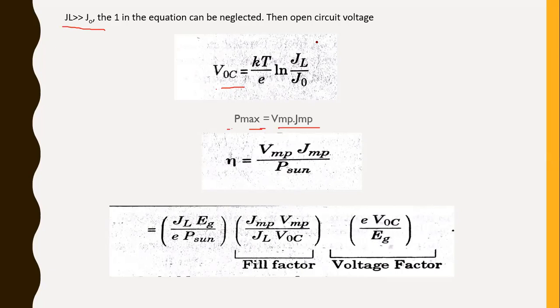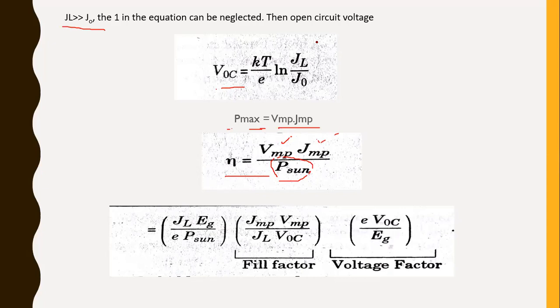So it can be seen that the maximum efficiency for a cell is obtained by dividing the voltage and current product by the total power density of the sunlight, P sun. If you divide the voltage and current product with P sun, we will get the efficiency of the cell.